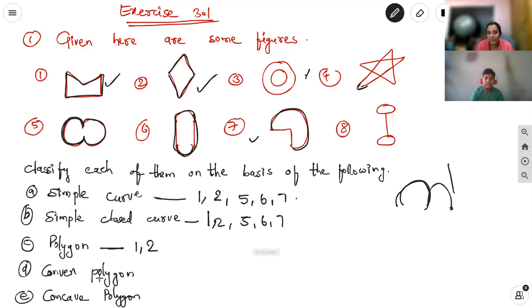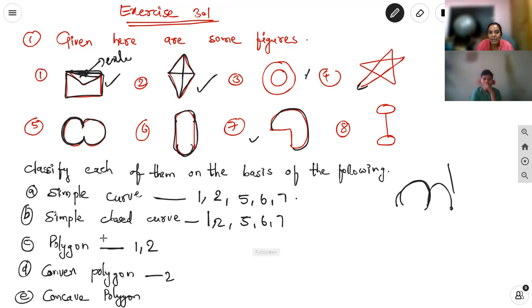Next is convex polygon, concave polygon. Only 2 are polygons. In that, which one is convex and which one is concave? Convex means when we draw the diagonals, the portion is in the interior only. So the second one is convex. The first one is not convex: when we draw the diagonal, it lies in the exterior, outside of the figure.